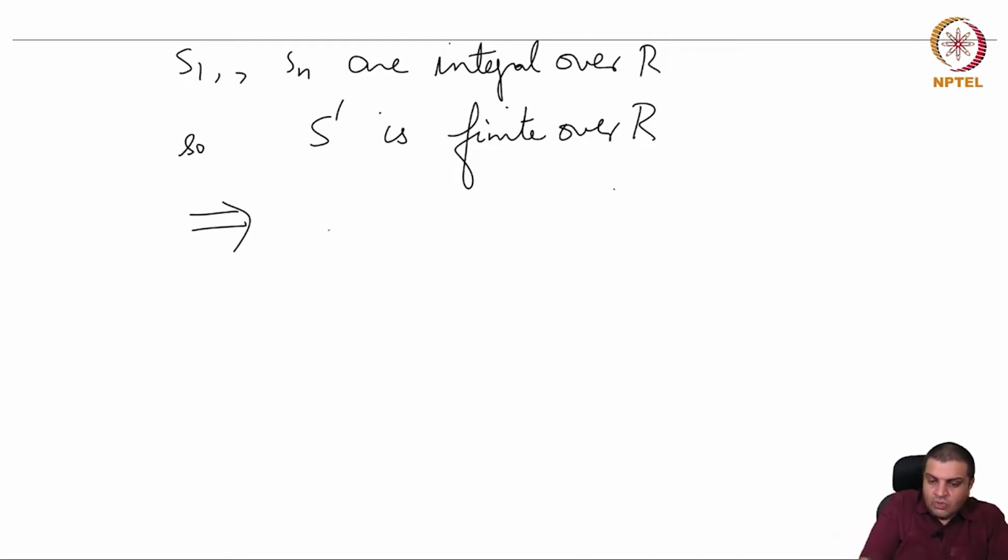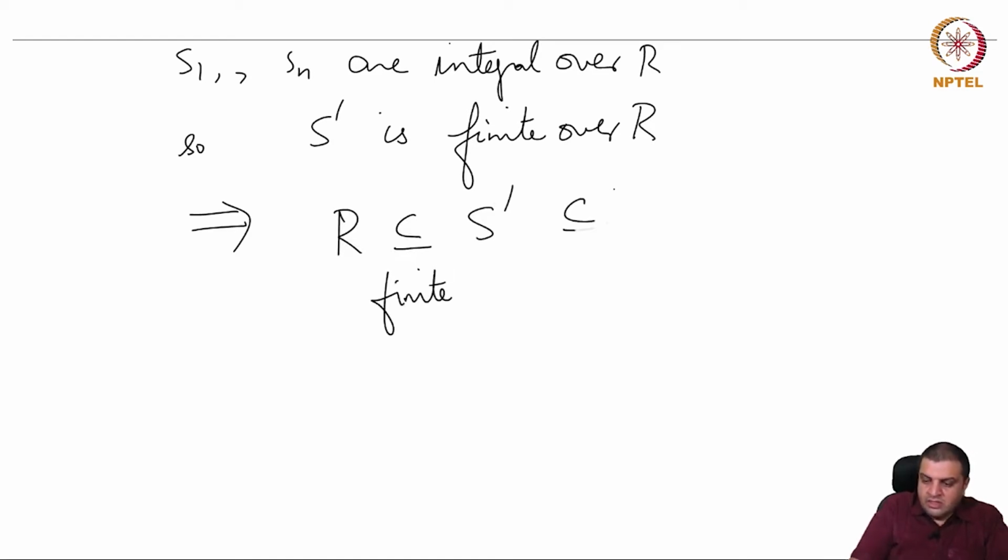So now look at the extensions R inside S prime. This is finite, and this is S prime and T. This is finite, because T is integral over S prime. The composite of two finite is finite.